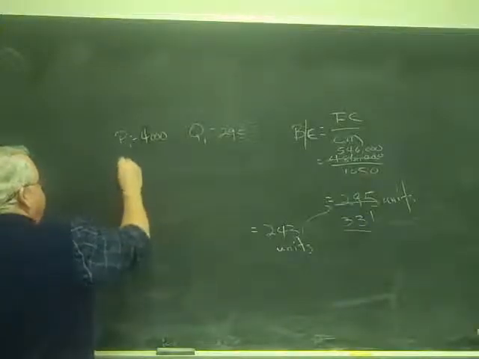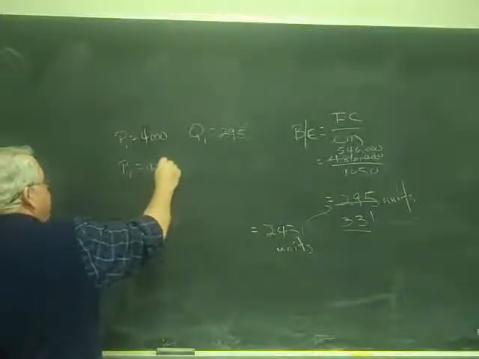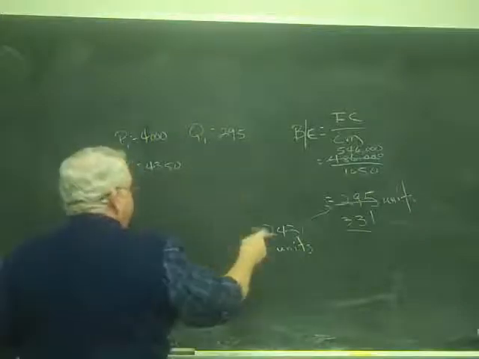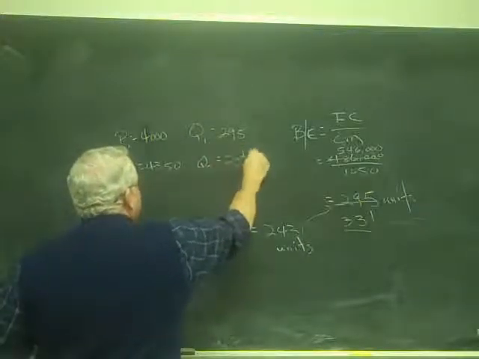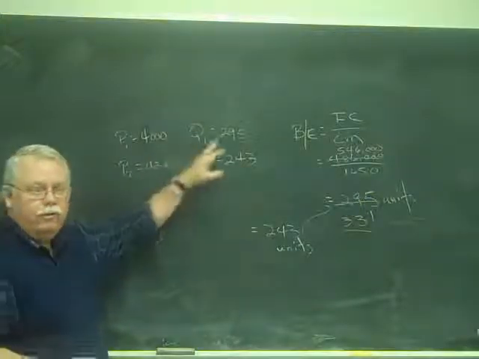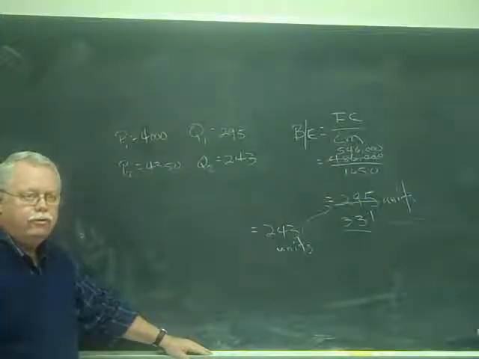But if I raise my price to $4,350, I only need to sell 243 units. What kind of price elasticity of demand is that between those two prices?